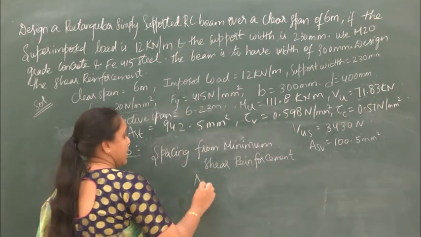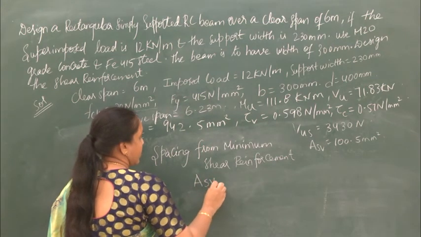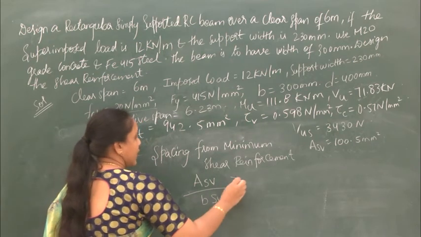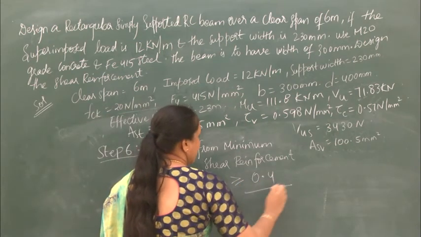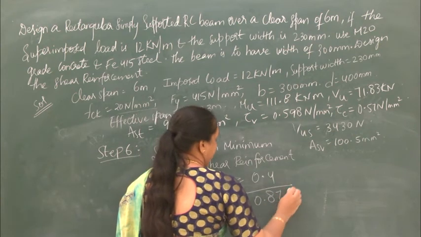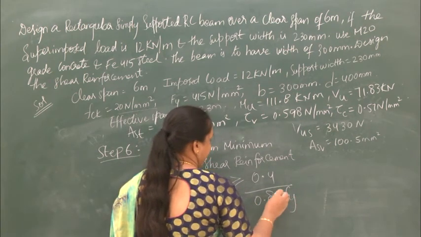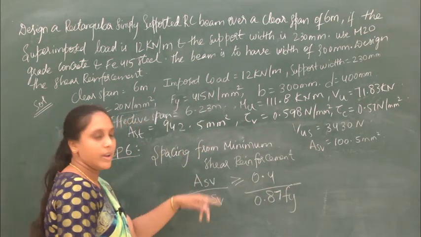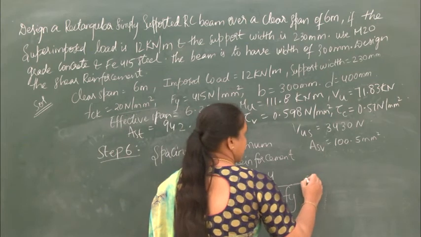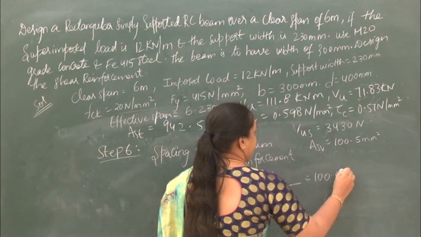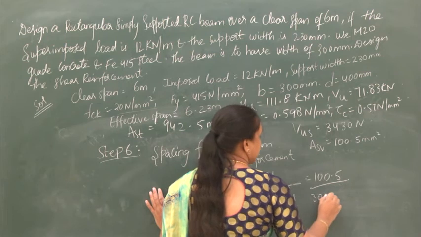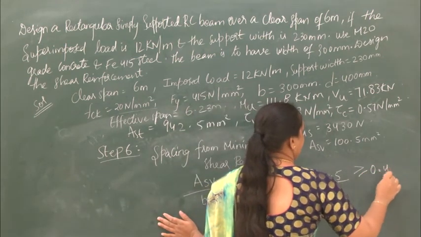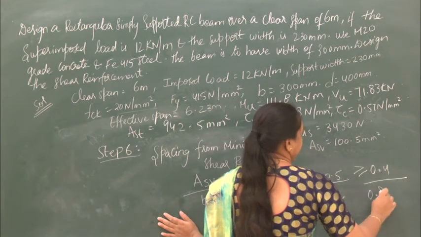It is Asv by b into Sv greater than or equal to 0.4 divided by 0.87 into Fy. So Asv we have already known here. How much it is? It is 100.5 divided by b also we have known, that is 300 into Sv greater than or equal to 0.4 divided by 0.87 into Fy.